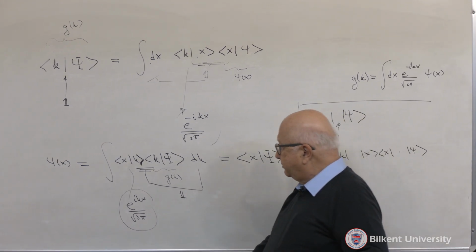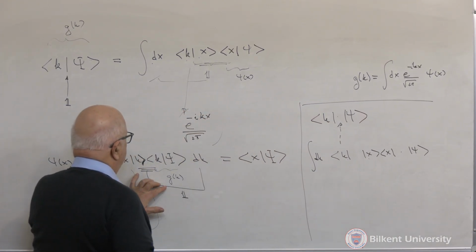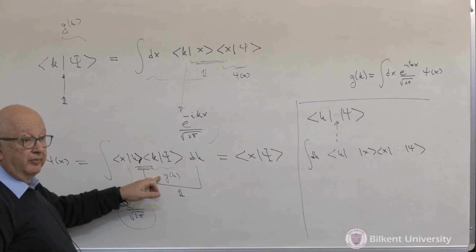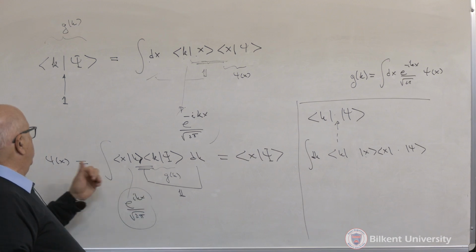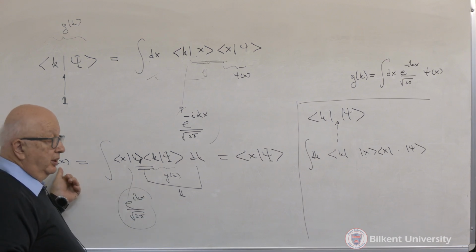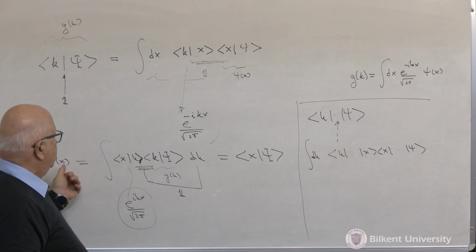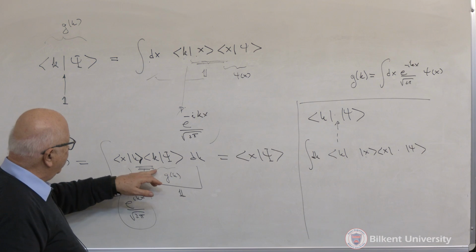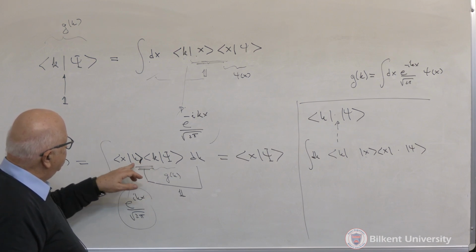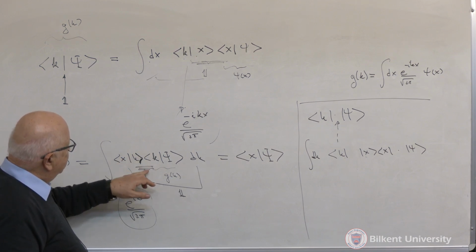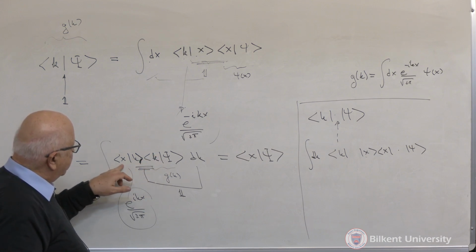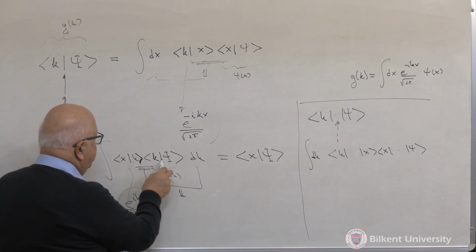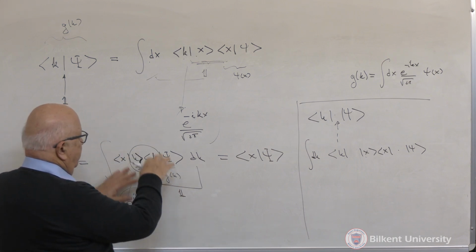Yes. Okay, so what we have here is if I want to go from g of k to psi of x, how do I do it? Okay, so what I do is I just take this g of k and multiply it by that and sum over k, then you see this piece here becomes identity and drops out.